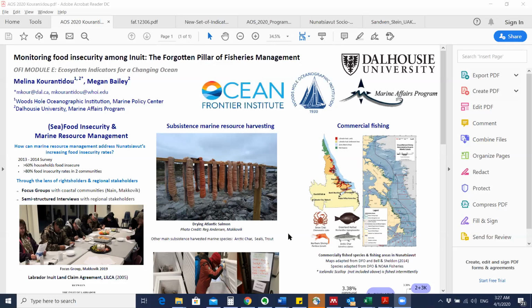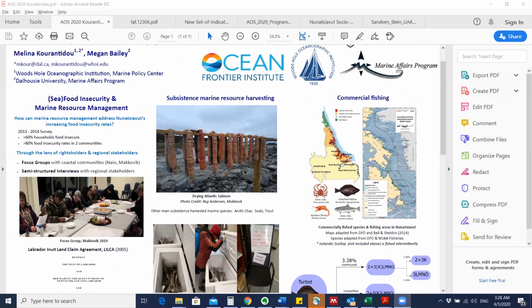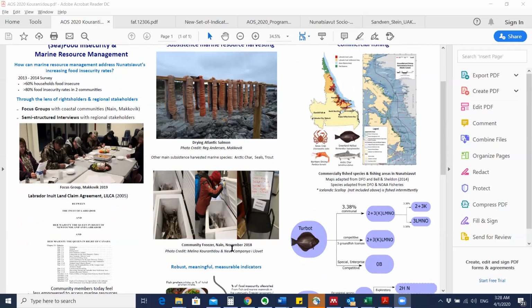But their management has not received much attention by policymakers and economists. Additionally, a lot of the food security policies in place either focus on treating the symptom but not the cause, such as the community freezers, or they fail to treat the symptom altogether, such as food subsidy programs like Nutrition North.